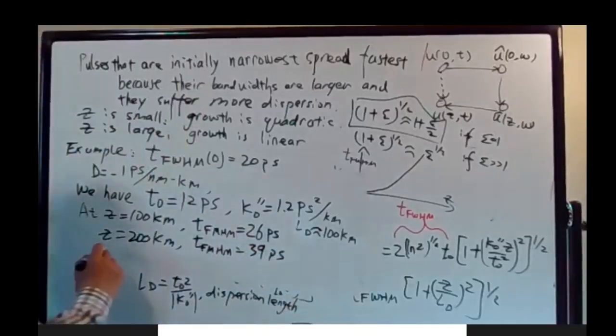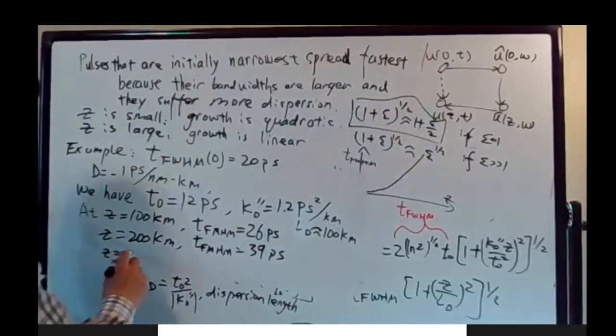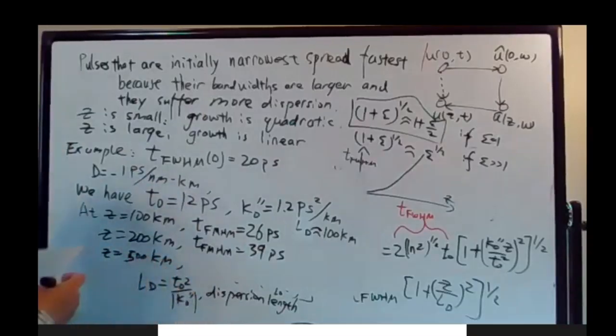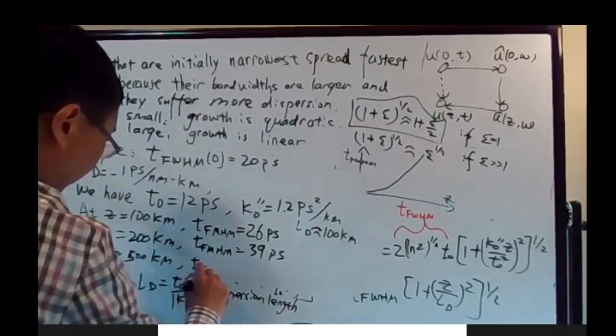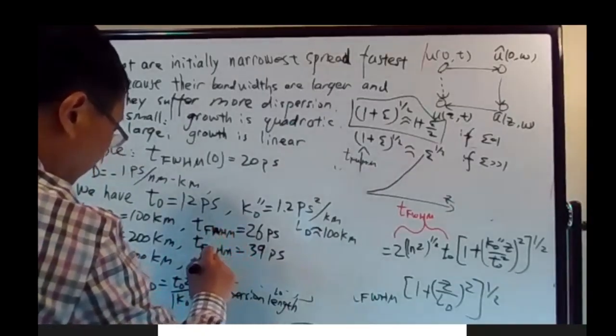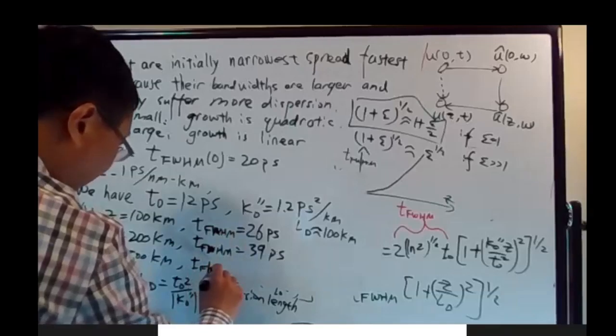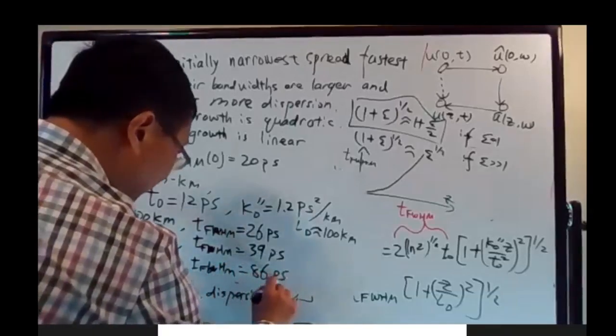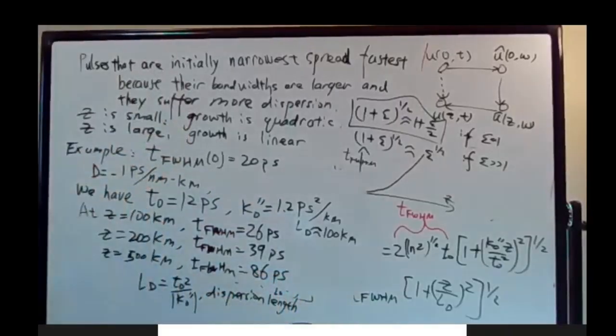So we get z equal to 500 kilometer, and my T full width half maximum is 86 picosecond.